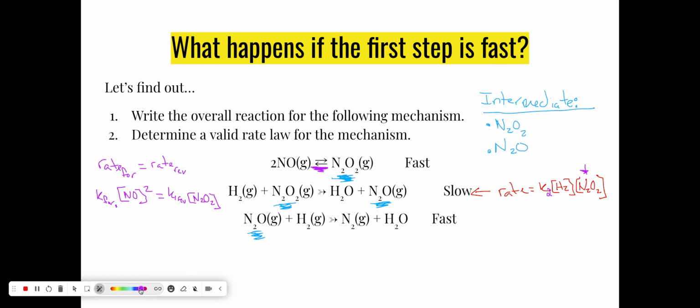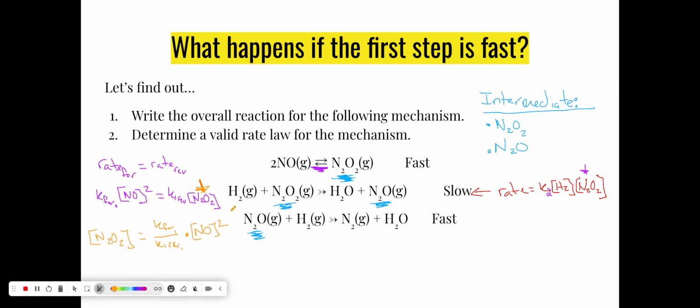Now, I ultimately want to solve for N2O2, right? So I'm going to solve for N2O2 now by dividing by k1 of the reverse. So the concentration of N2O2 is k1 of the forward direction divided by k1 of the reverse times the concentration of NO squared.